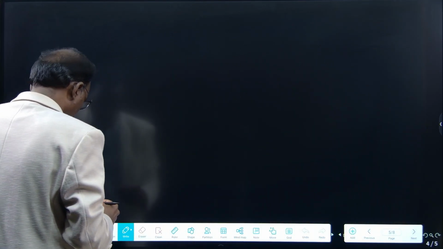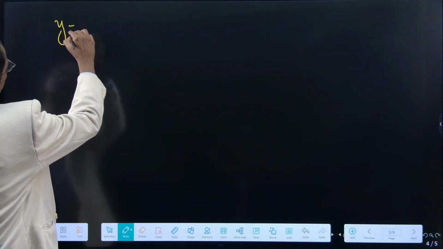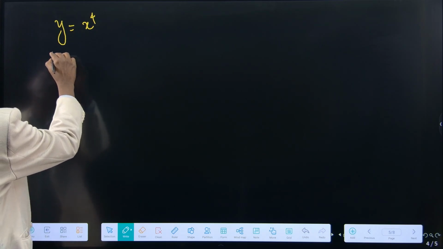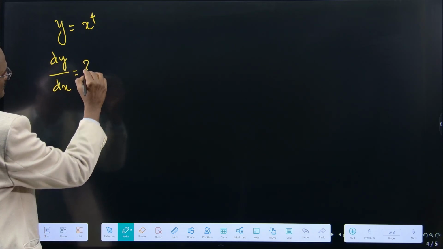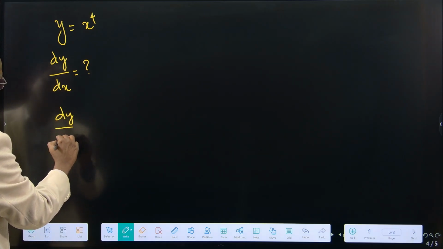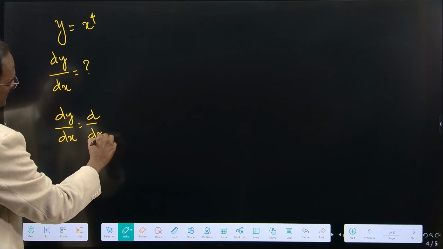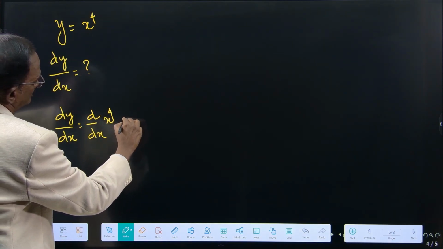Let us take a few examples. y is equal to x power 4. Find dy by dx. So dy by dx is equal to d by dx of x power 4.